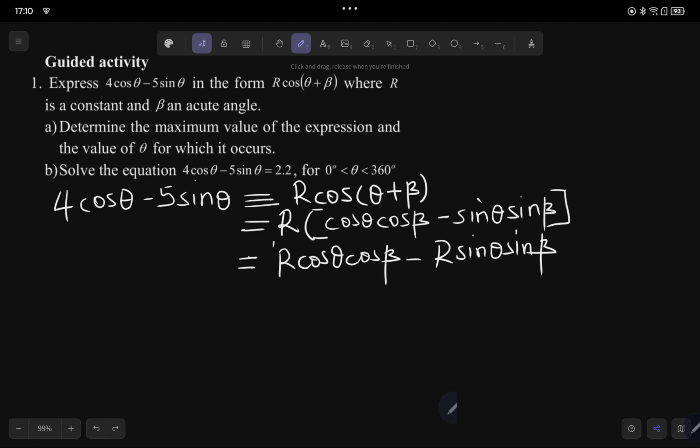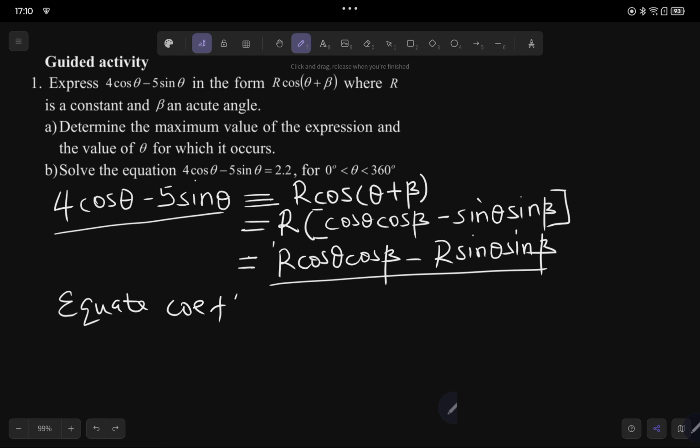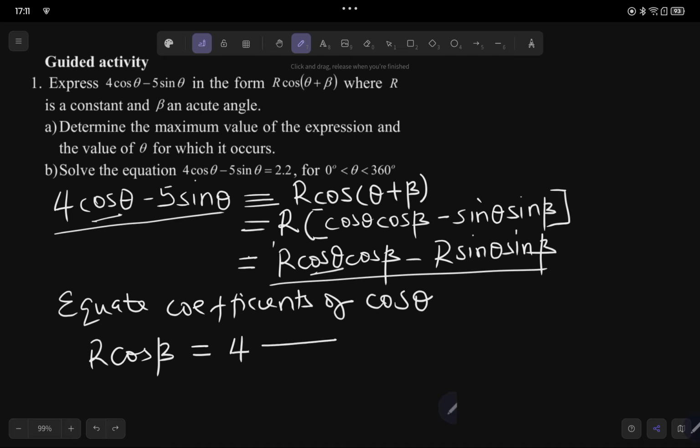Now we can compare the sides. We have the left hand side and the right hand side. We can equate coefficients of cos theta, because here you have cos theta, here you also have cos theta. So you'll have r cos beta is equal to 4. Call this equation 1.